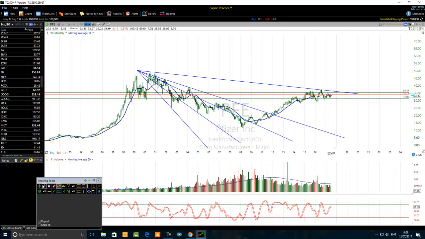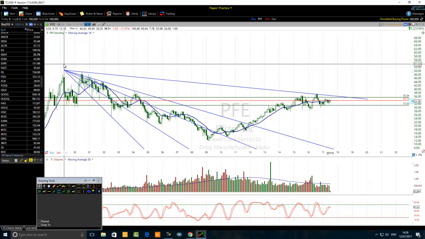So I want to show you how I have drawn my trend lines. The first one, I connect this high here. Which high is that? The high of the month of April 1999. All right, that's the first point that I choose.